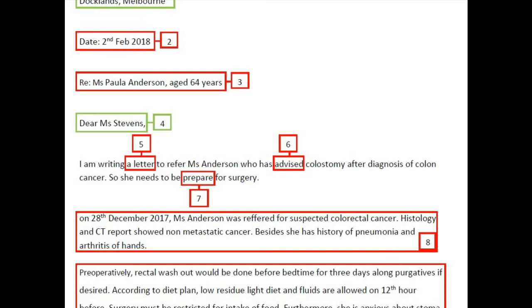And the word advised is wrong because the surgery is already scheduled. So you should replace it with the word scheduled. In the second sentence, there is a grammatical error. Instead of prepare, you should write prepared. So if you make the changes and reorganize this paragraph, it looks like, I am writing to request a surgery preparation for Miss Anderson for her colostomy, which is much more impressive.